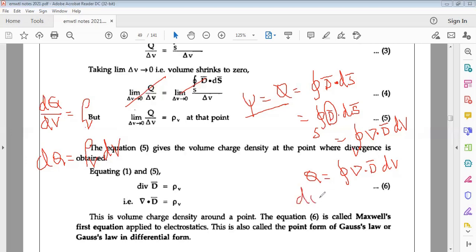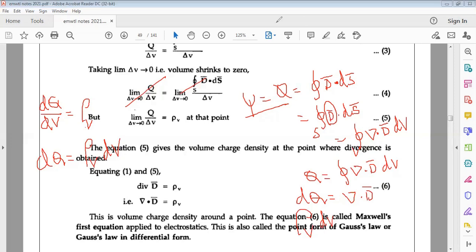So now here I am applying the derivative on both sides. The derivative of the integral, we know, will give only the constant del dot D bar. So what is dq equal to? Rho v into dV.